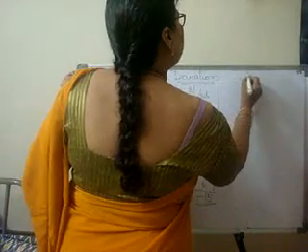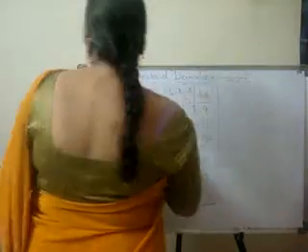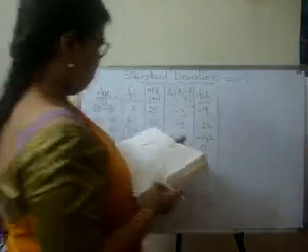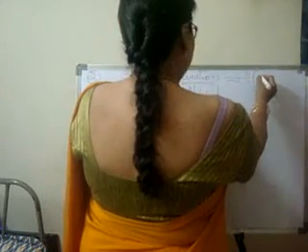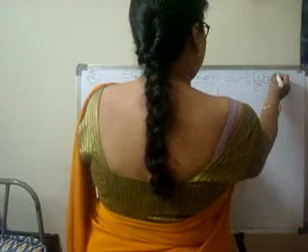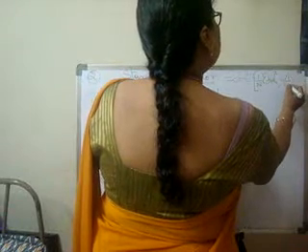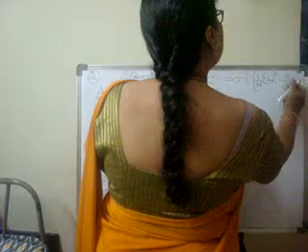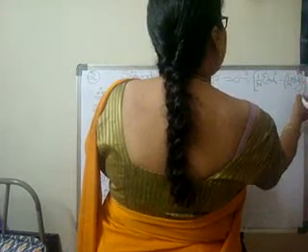Now sigma square, the square of the standard deviation, is given as 1 by n summation Fi di square minus (1 by n summation Fi di) whole square into h square.